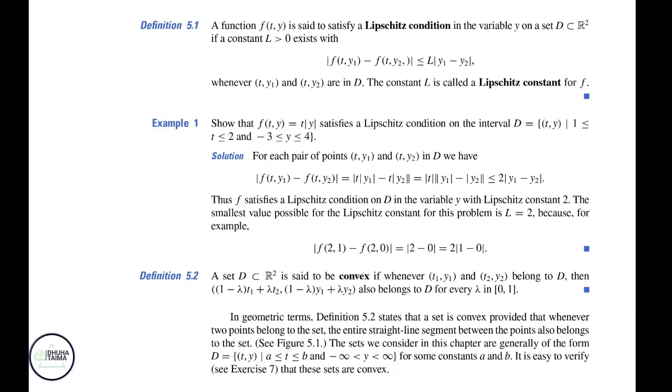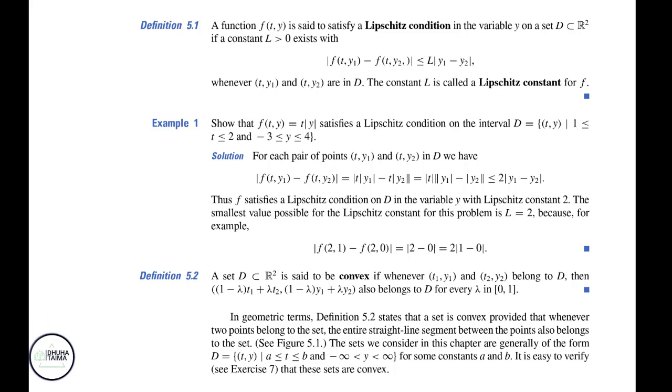For each pair of points (t, y1) and (t, y2) in D, we have |f(t, y1) − f(t, y2)| = |t|y1| − t|y2|| = |t| ||y1| − |y2|| ≤ 2|y1 − y2|. Thus, f satisfies a Lipschitz condition on D in the variable y with Lipschitz constant 2.